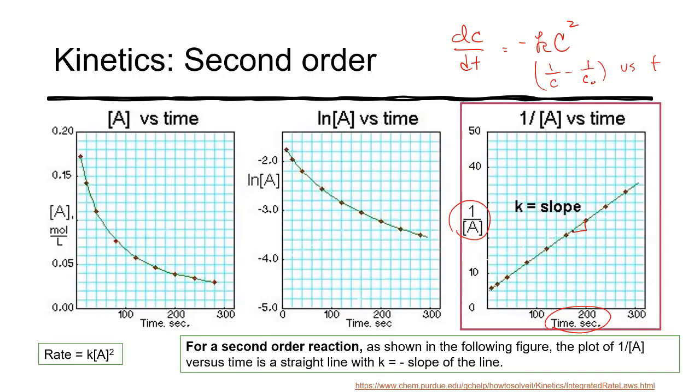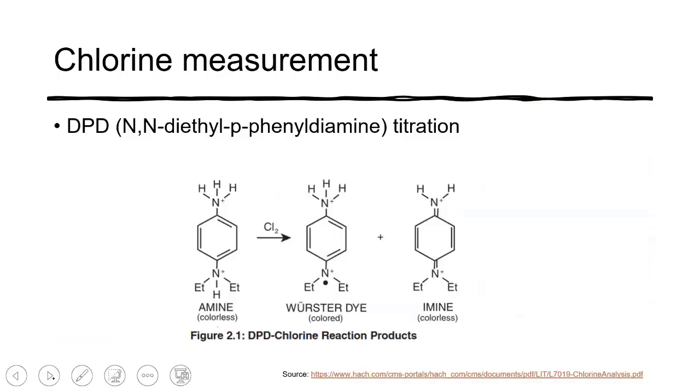So what you will be doing in this lab is you will be looking at the decay of chlorine under various conditions. You will produce a plot like this. You will determine the rate constant. The method you will use for chlorine measurement is typically referred to as the DPD.